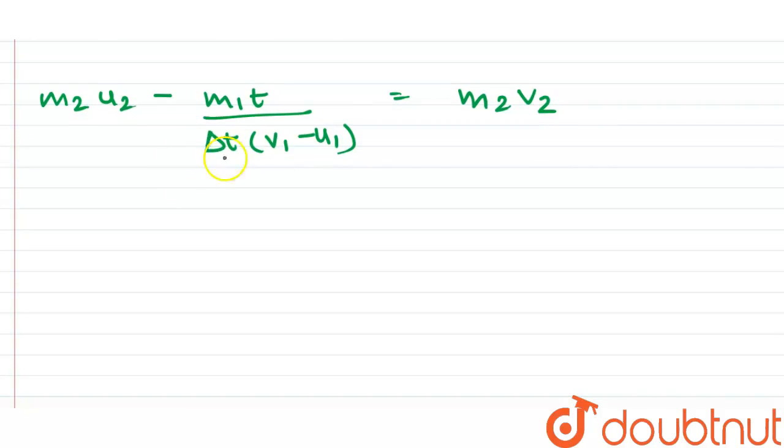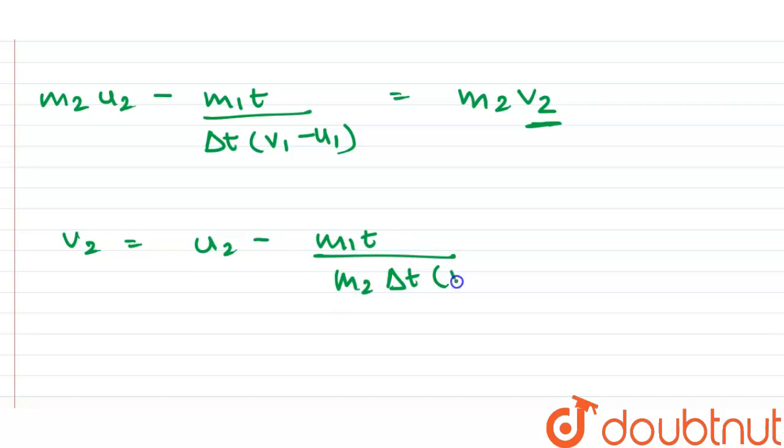Now, because we need to find only v2, that is the velocity during the collision, v2 comes out to be u2 minus m1 t upon m2 delta t times (v1 minus u1). So this is our final expression.